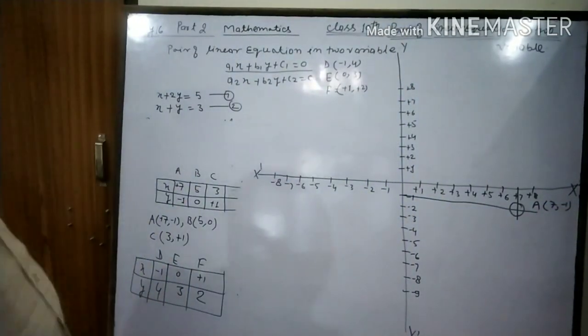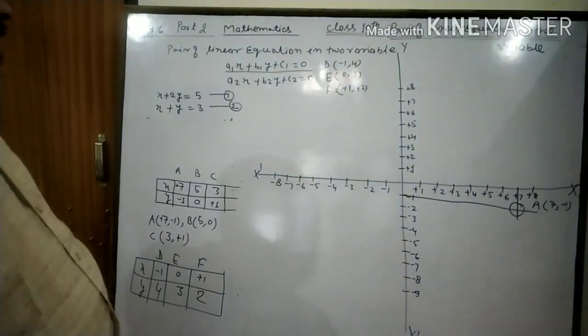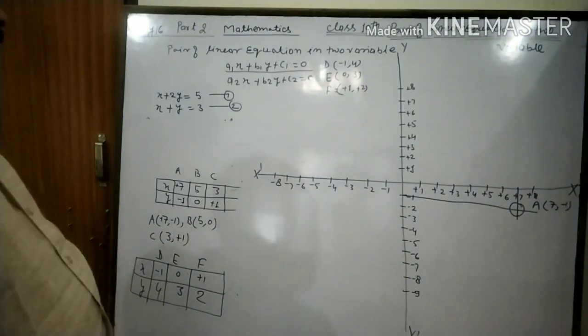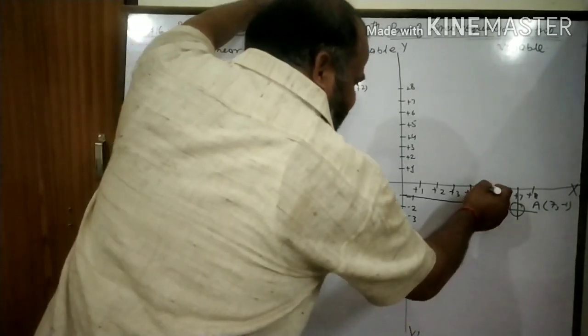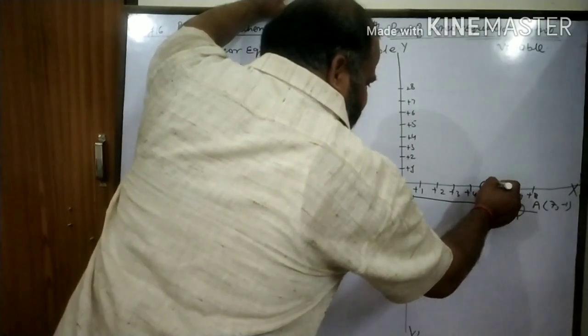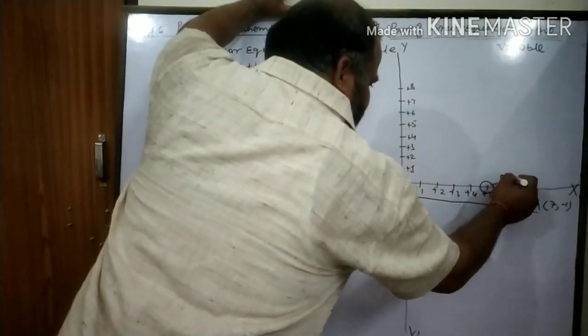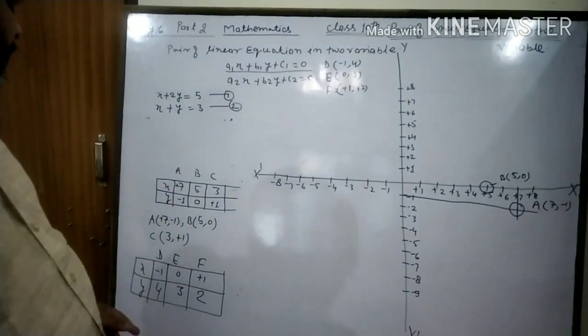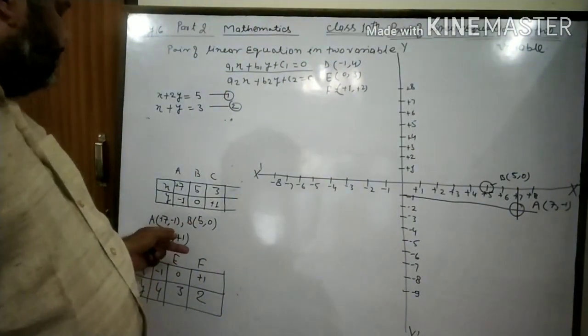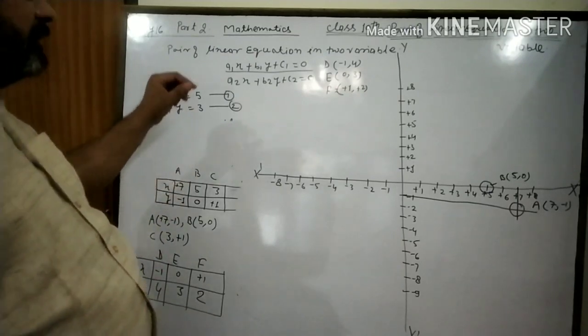Then after, B is 5, 0. You know that y is 0 on the x-axis and it is 5. Then this point is B and it is 5, 0. Thereafter, C is 3, plus 1.